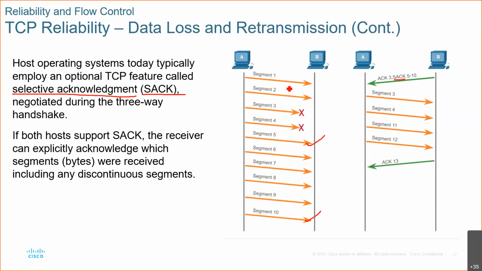So now the source knows that it has to send 3, 4, and then not 5 to 10, but it will follow with others. Okay, following 10, perhaps 11 and 12. So this makes it much more efficient, and makes your TCP much faster. Of course we guarantee reliability, but we also make it faster. Now, if you look at your lecture, you go into algorithm details in your lecture. Here we're just touching the surface.